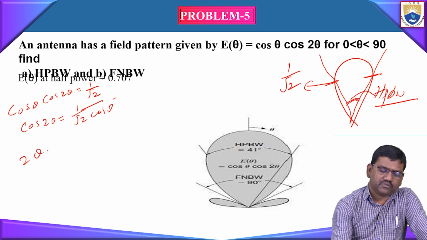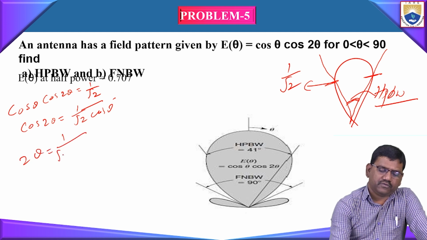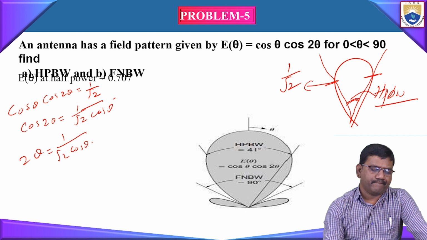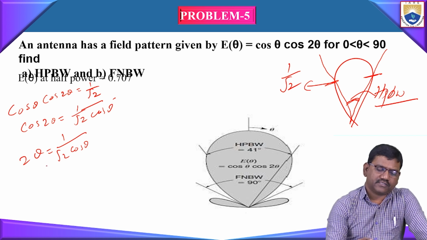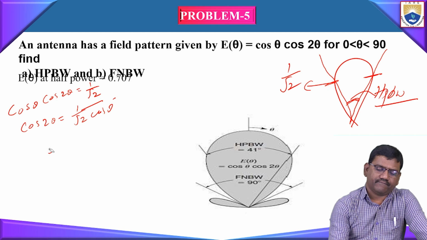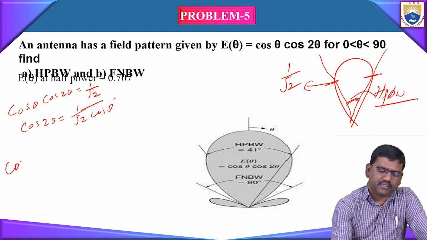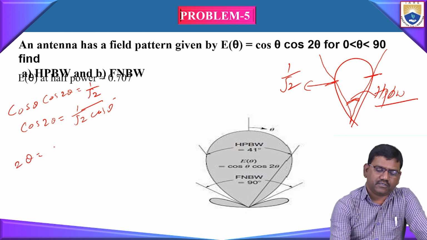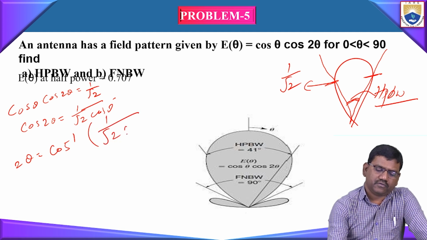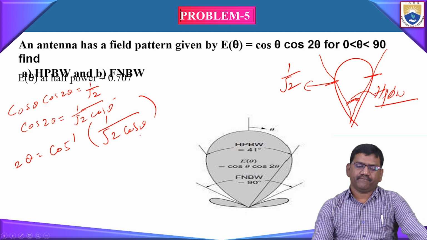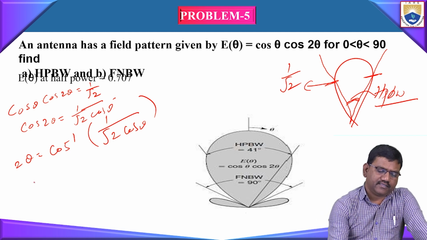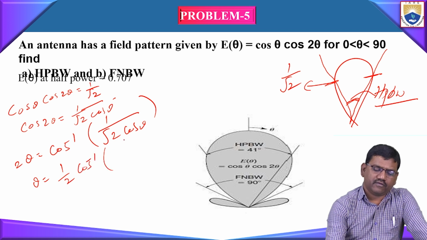So 2 theta is equal to cos inverse of 1 by root 2 into cos theta. So theta is equal to 1 by 2 cos inverse of 1 by root 2 into cos theta.